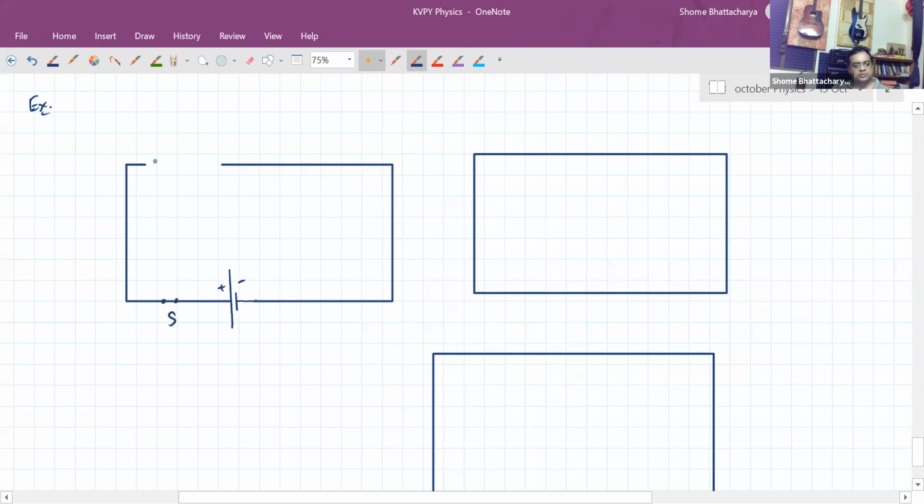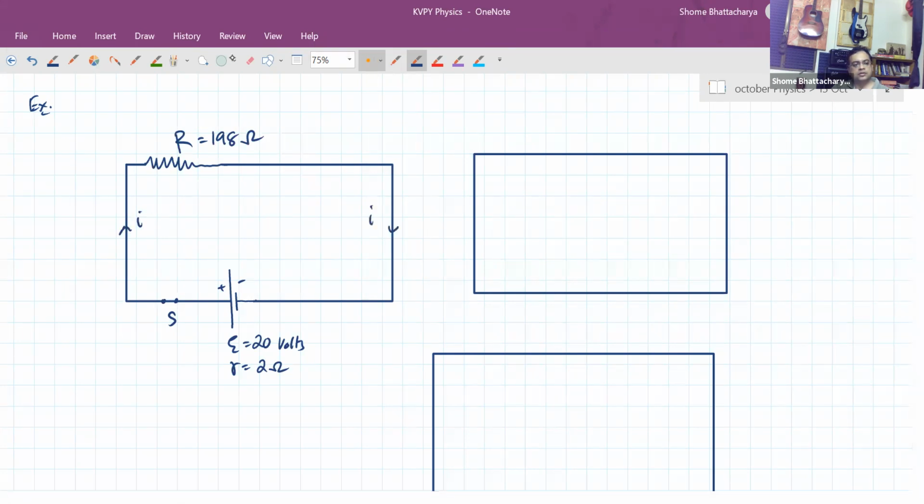This is a switch which has been kept in closed condition. Now this has an EMF of, let's say, 20 volts and an internal resistance of 2 ohms. And this external resistor is 198 ohms. And this switch is closed. So this is the current I flowing through this.